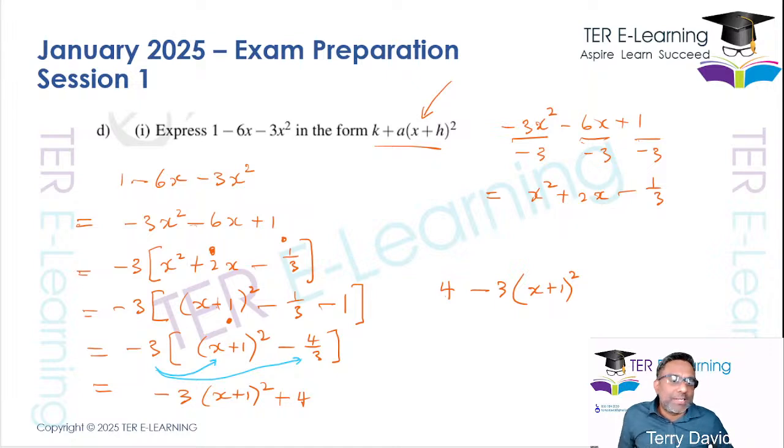Yes, somebody's asking, this question is called completing the square. It comes ever so often in the exam. And if it does come, we have to be able to complete the square. Now, this is a difficult one, because we have a negative sign in front of the x squared. Okay, so that is part one.